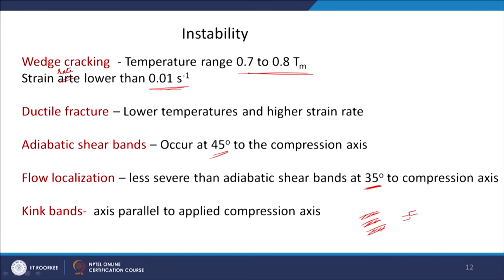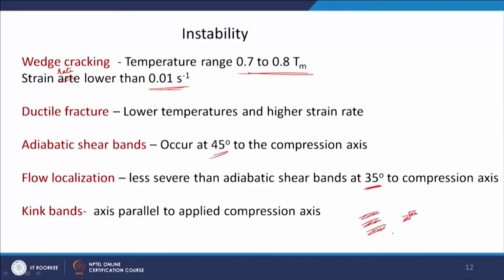There will be a kink like this. It has kinked. So, this is another kind of defect because later on you can have crack initiation at these points. So, these different instability conditions can arise and these are the microstructural features for that.